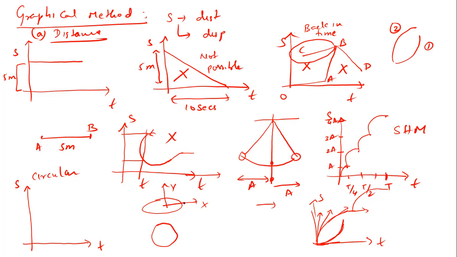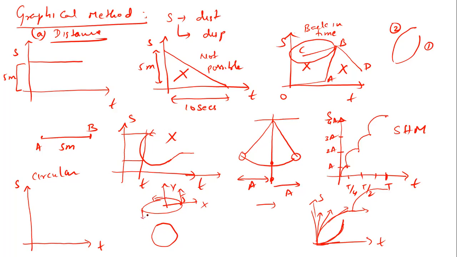Here, does the velocity change? When the particle is here, the speed, I'm sorry, the speed, not velocity. We should not talk about velocity here. The speed of the particle here, when the particle is in a uniform circular motion, let us say is 5 meters per second. It is trying to go like this. When it is here also, it is going like this. Here also, it is 5 meters per second.